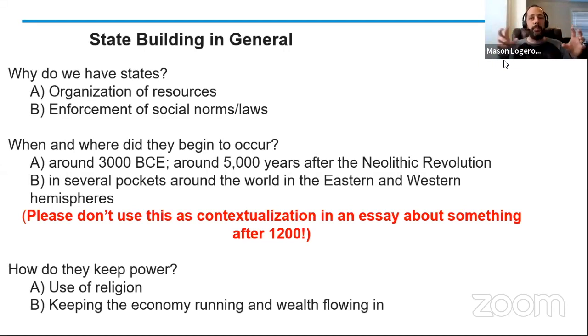A lot of these popped up independently. Again, we see new states in Mesopotamia. We also see at the same time new states in Mesoamerica, in what's today's southern Mexico. Well, obviously, the people in North America were not talking to the people in Asia 5,000 years ago. So these are all developing independently.